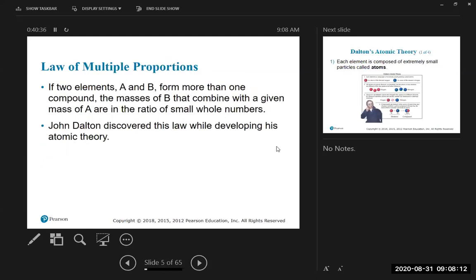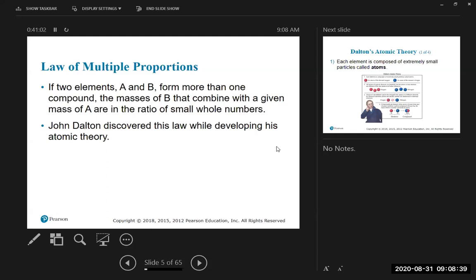And then finally, the third one that he used to develop his theory is the law of multiple proportions. So what this means is if you had two elements, A and B, and you combine some number of A and some number of B to get a final compound, the ratio of A to B is always whole numbers.